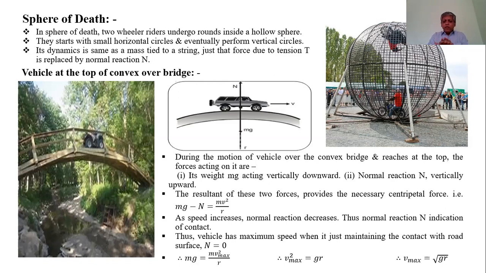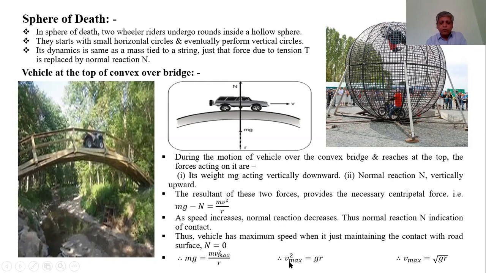So the vehicle safely moves without losing contact. So the normal reaction is considered zero. When the normal reaction becomes zero, the vehicle is just maintaining contact with the road surface, and the maximum speed required is given by mg equal to m v max square upon r.